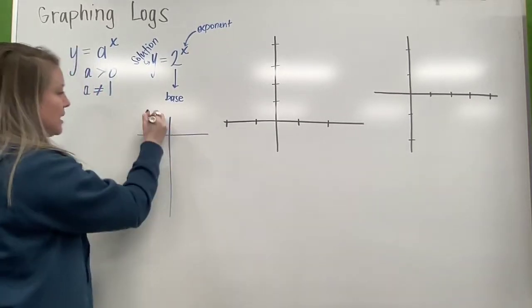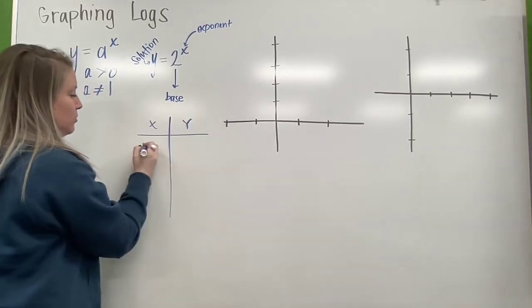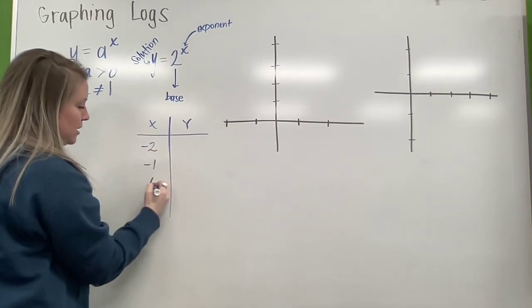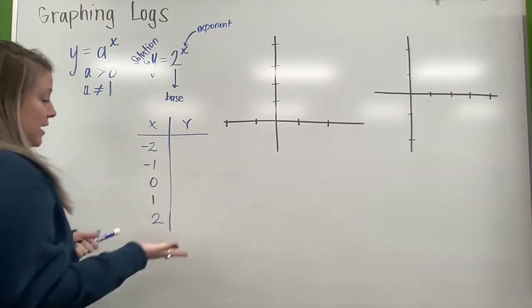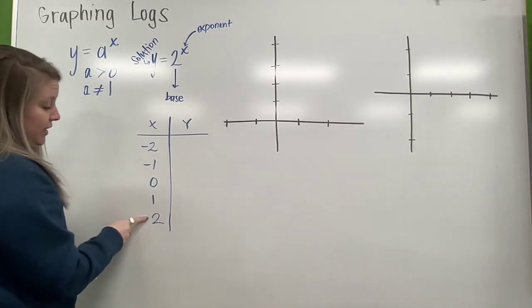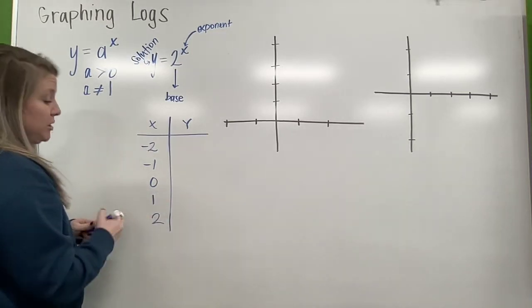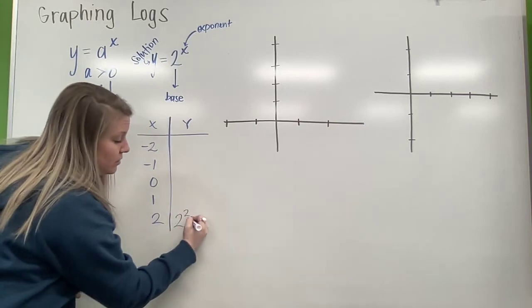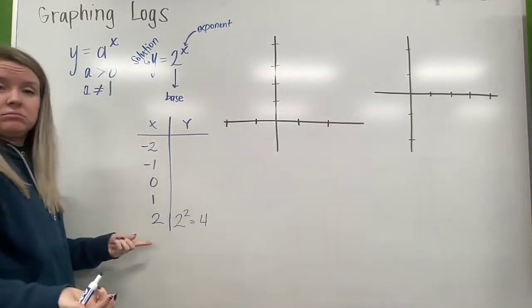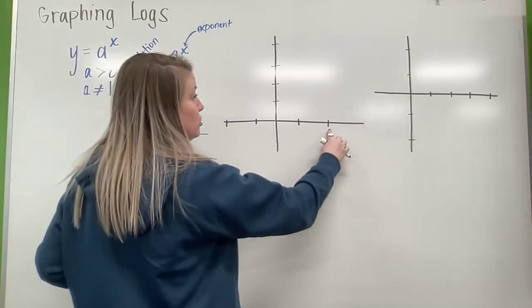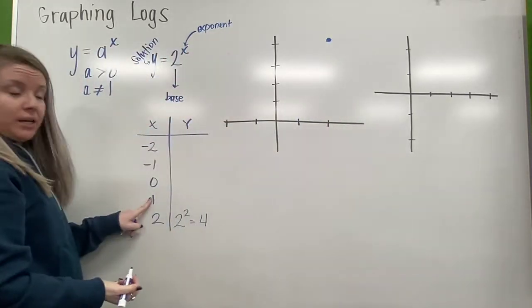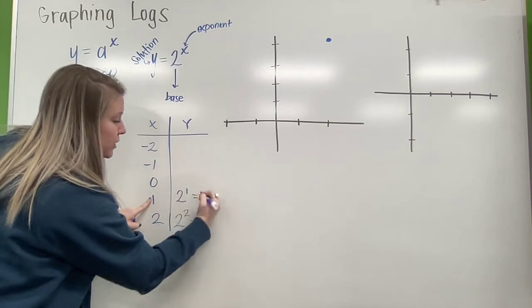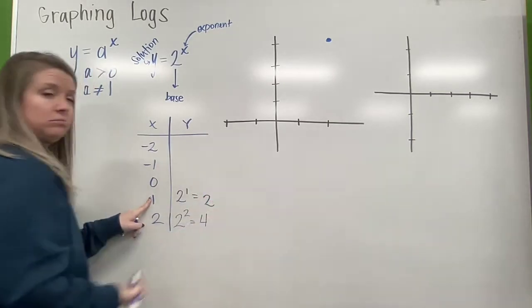We're going to plug in -2, -1, 0, 1, and 2. A couple of these are easy. If I plug in 2, that gives me 2 squared, which is 4. So that gives me the point (2, 4). If I plug in 1, this gives me 2 to the first, which is 2.